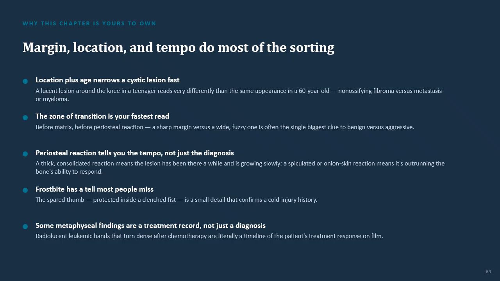Is it smooth and well defined, or is it very messy? That tells us if it's growing very slow or if it's very aggressive. And then we also want to look at the periosteal reaction. That can tell us a lot about whether that bone lesion, or that process, is growing slowly or if it is very aggressive as well.